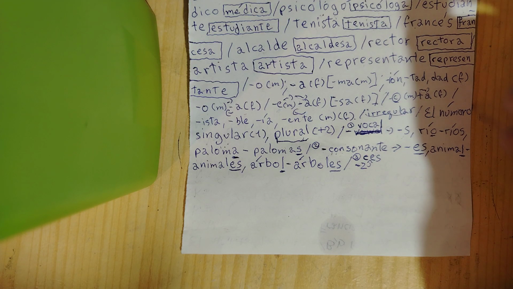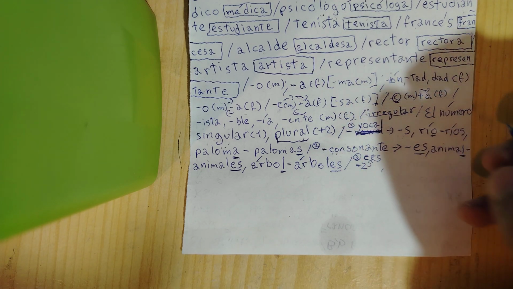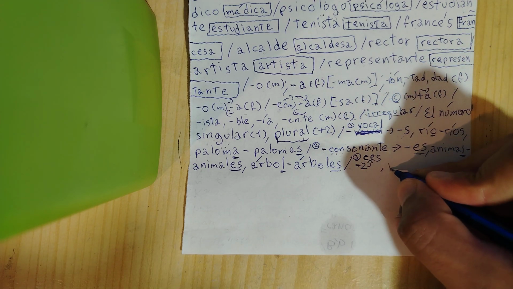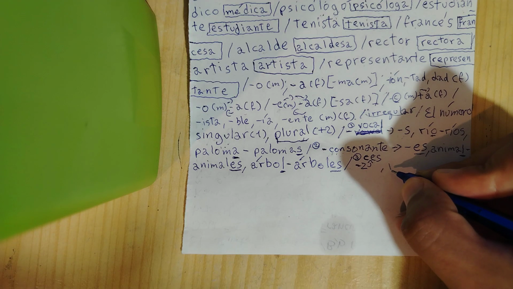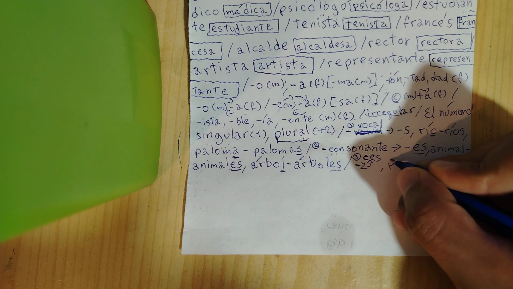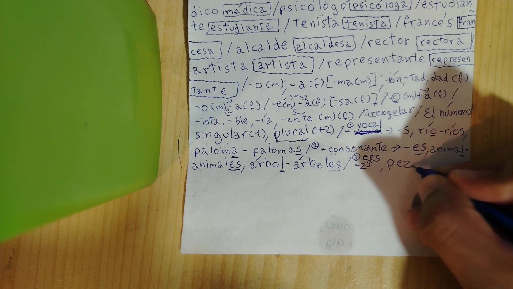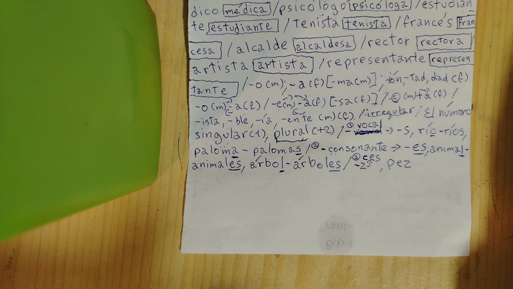For example, fish in Spanish is pez, P, E, Z. In Spanish, fish is pez.